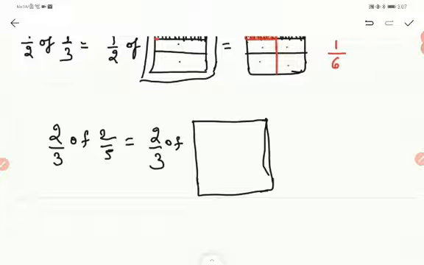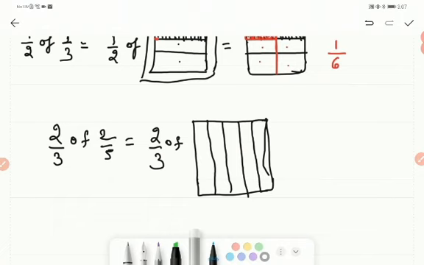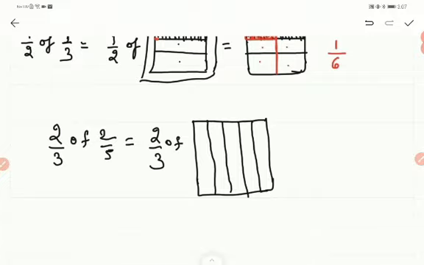I will take it in terms of columns like this. 1, 2, 3, 4 and 5. So this is divided into 5 parts, 1, 2, 3, 4 and 5, isn't it?